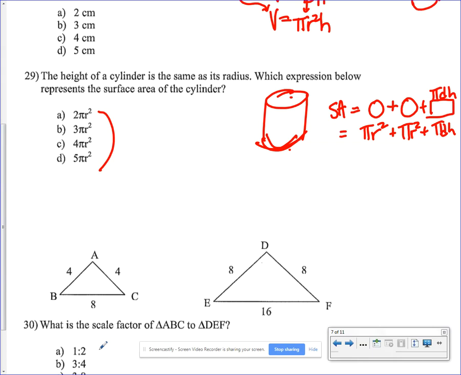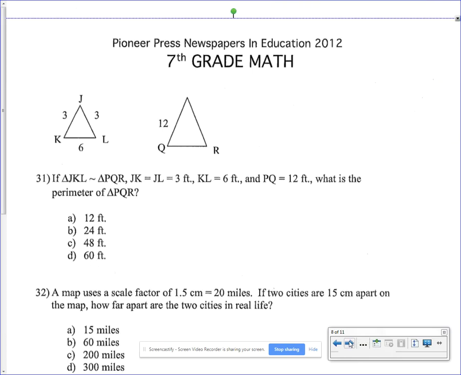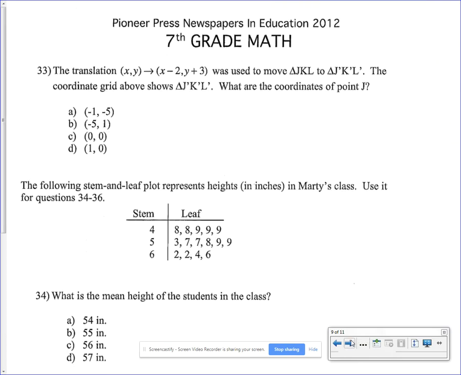As far as the rest of it, I'm going to have you now go ahead and turn to question number 34. So we've got to go forward a few pages. It's right here.